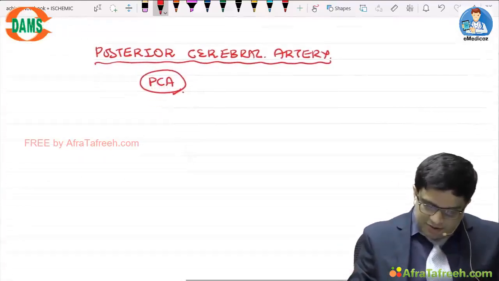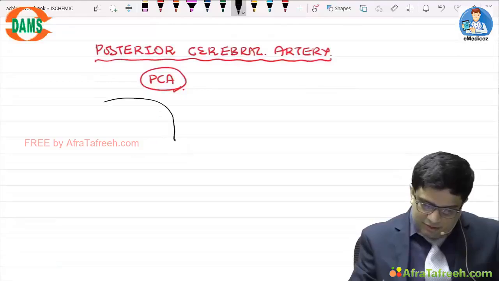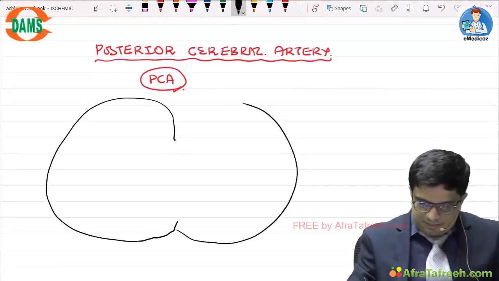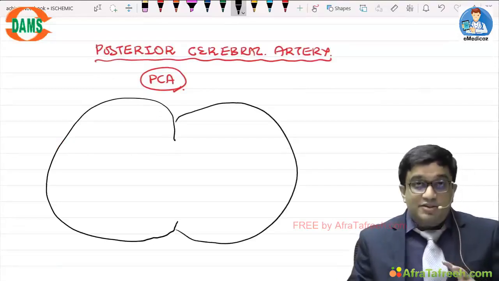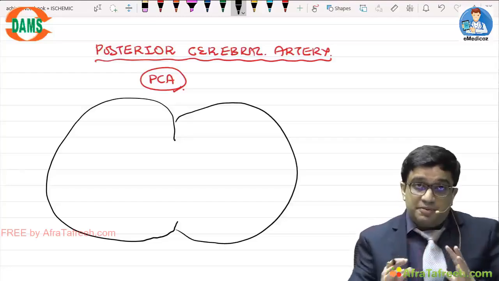So let me put this in a diagram: if I make a cross section or a transverse section of the cortex, I'll supply the posterior part as well as the medial part of the brain with the PCA.